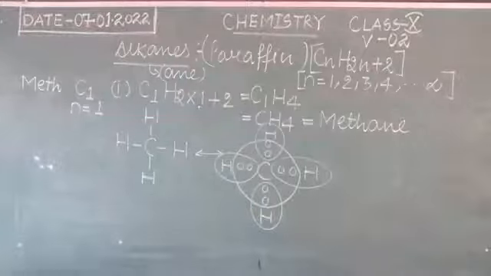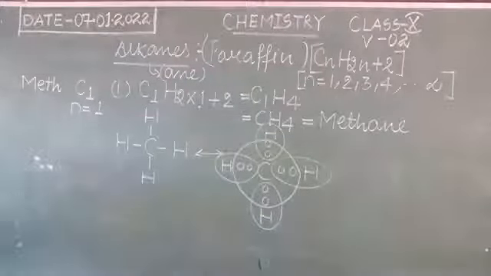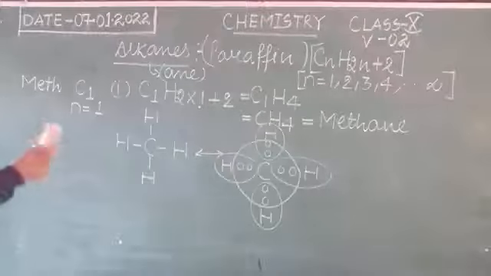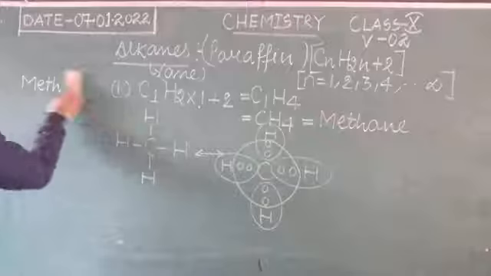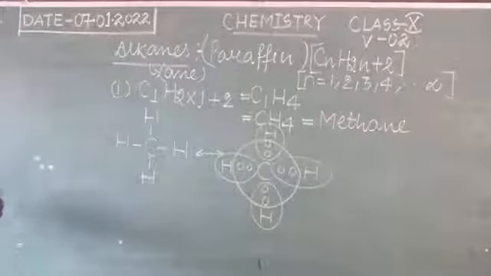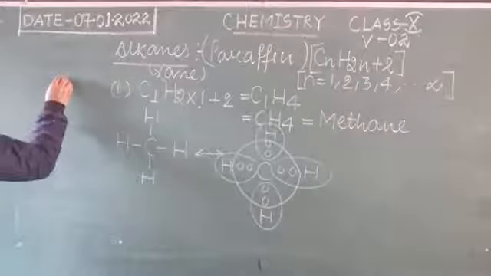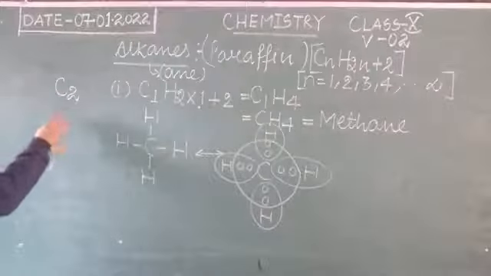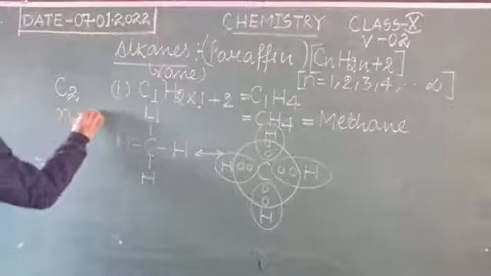Now we move toward the second member of alkane, containing 2 carbon atoms. Therefore, the value of n becomes 2 this time.